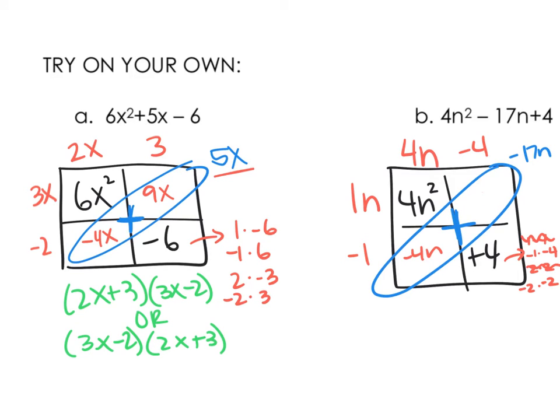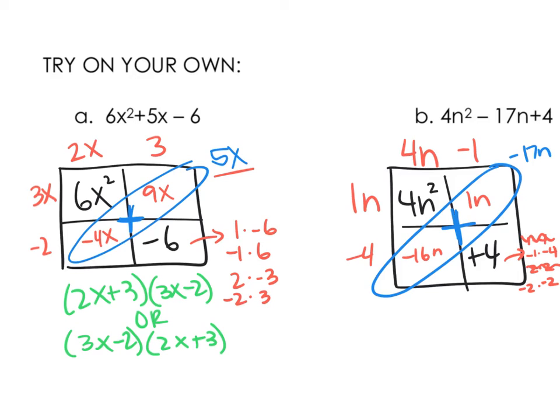But let's see if I switch the -4 and the 1 around, if that helps us out. So let's try a -4 and a 1 here. 1 times 1n would be a 1n, and a 4n times a -4 would be a -16n. Oh, wait, this needs to be a negative.